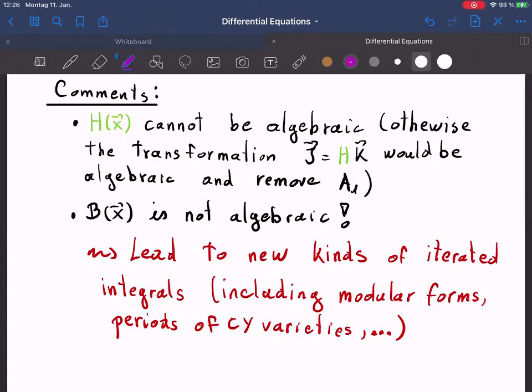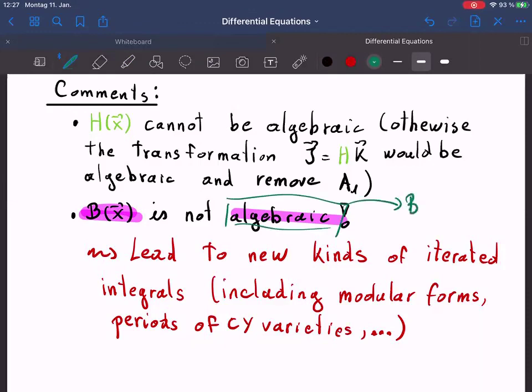So I started from the assumption that I cannot find any algebraic transformation that brings me to canonical form. So if my B was algebraic, this would imply that B has this form.